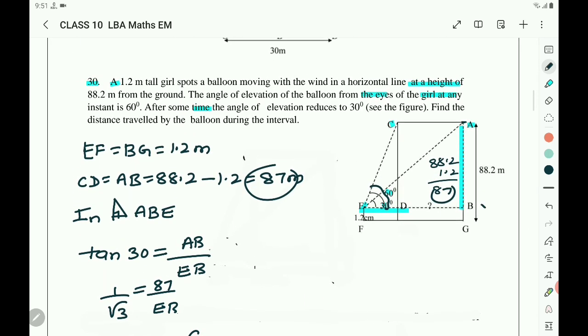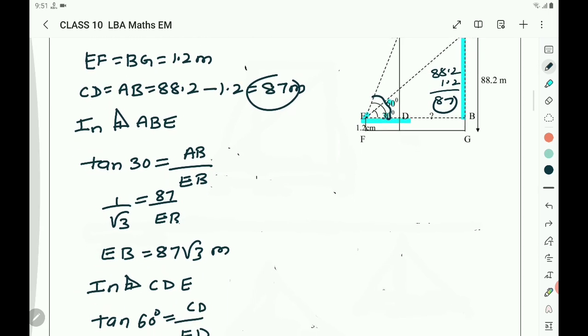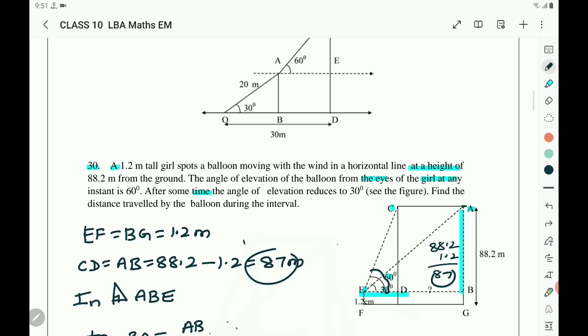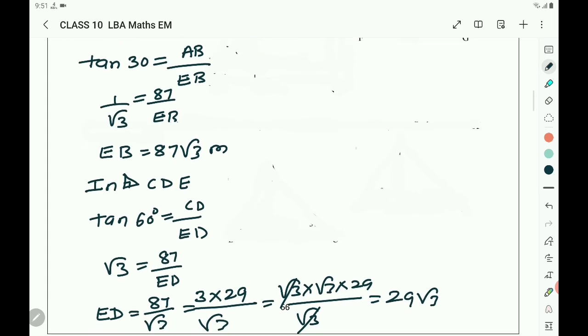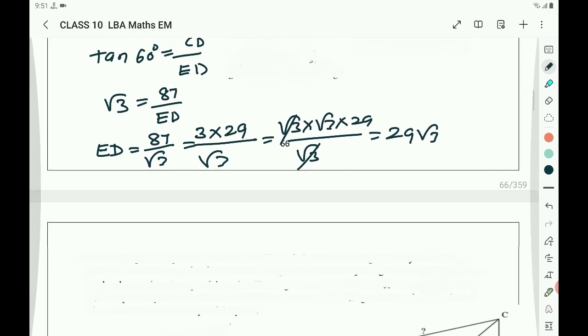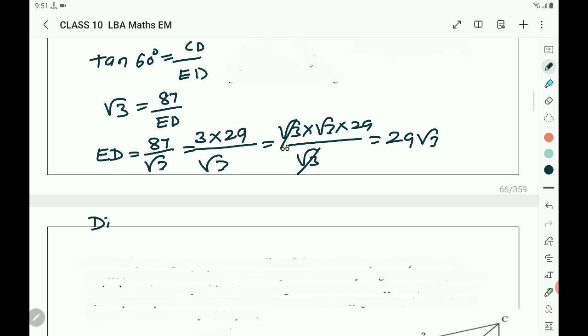Then we have to find out DB. DB is equal to what? EB minus ED, right?